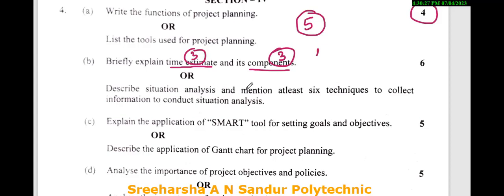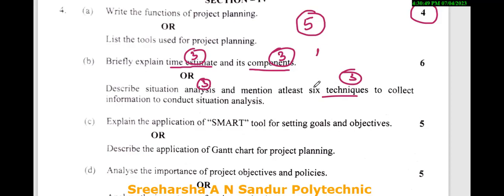Describe situation analysis and mention at least 6 techniques to collect information to conduct situation analysis. So this description here is for 3 marks, that is explanation of what is situation analysis, and these 6 techniques to collect the information, again that is for 3 marks, you can say.